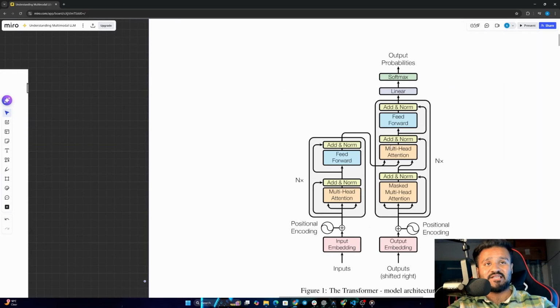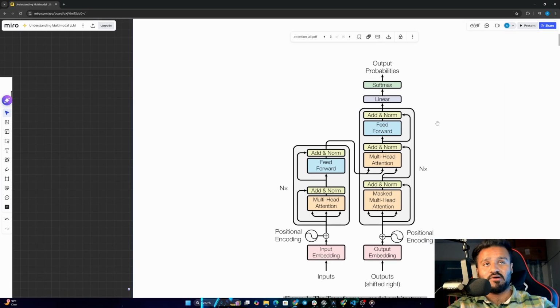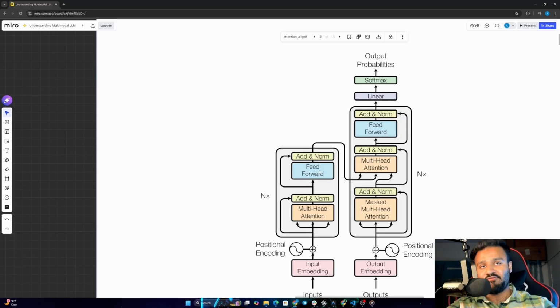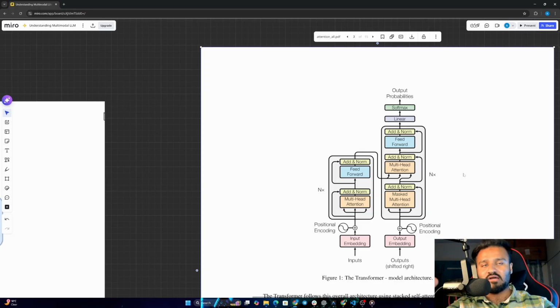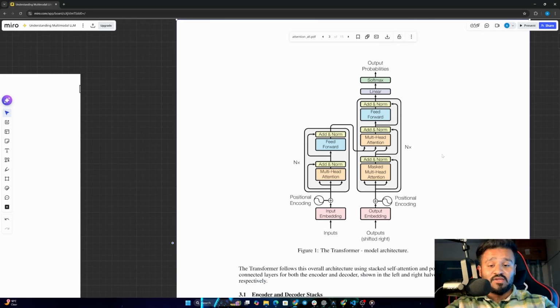Here you can see the encoder part, and this is the decoder part. We will be learning about all the terms inside it, for example multi-head attention, add and norm, feed forward. We will learn all of these in further lectures, so you don't have to worry about this. Honestly, this paper was revolutionary.